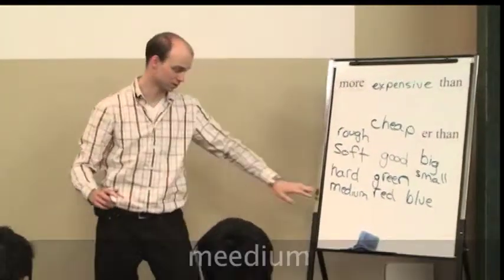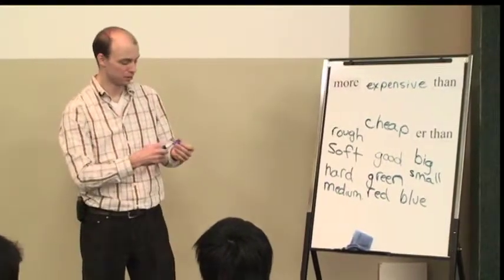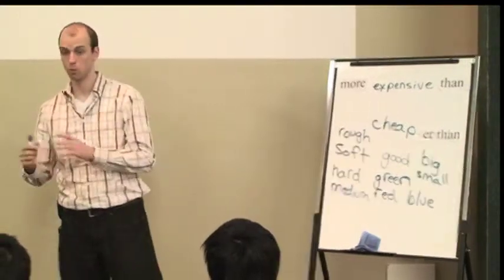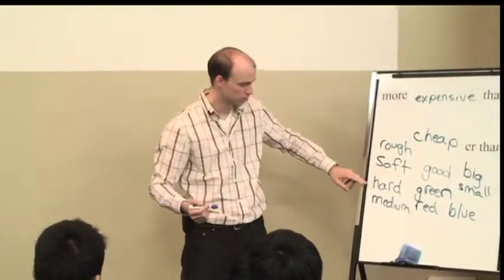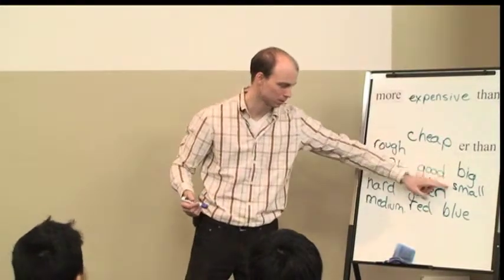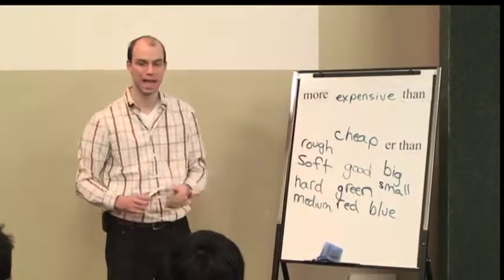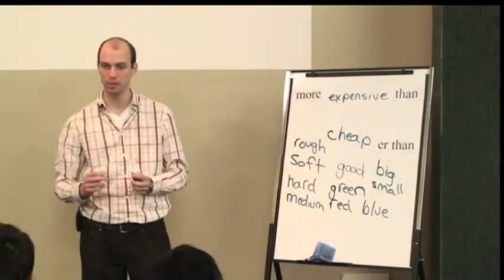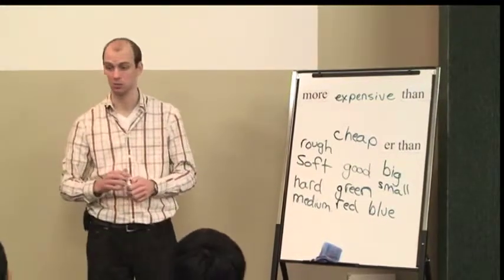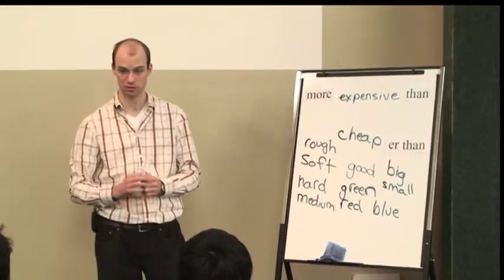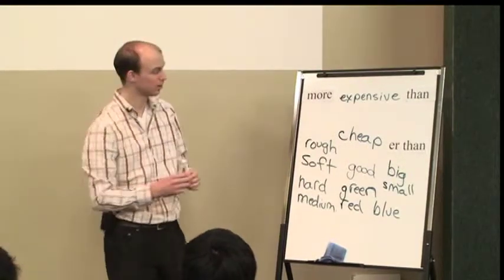This is a very good word to use. If you want to compare one thing to another, you need to look at these words and listen to them. Well, let's look at expensive and cheap. Expensive. How many syllables?